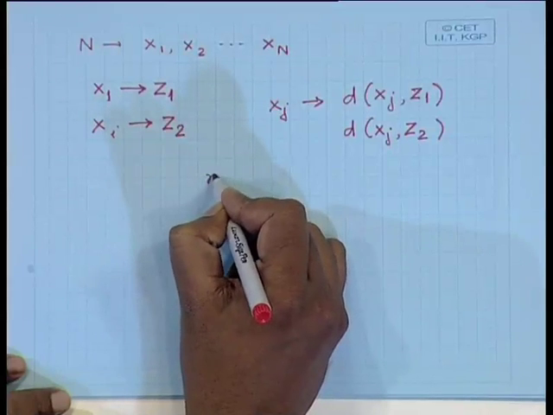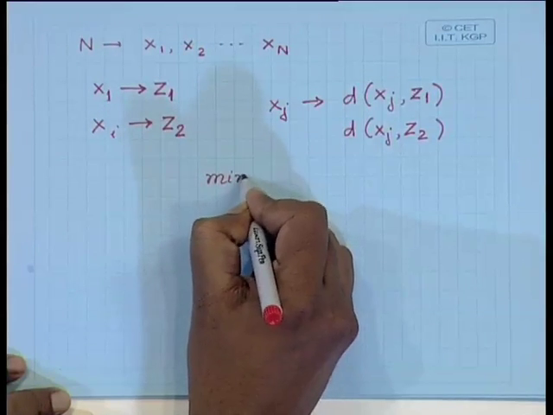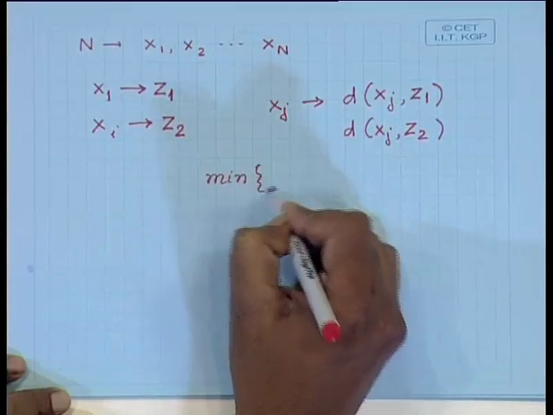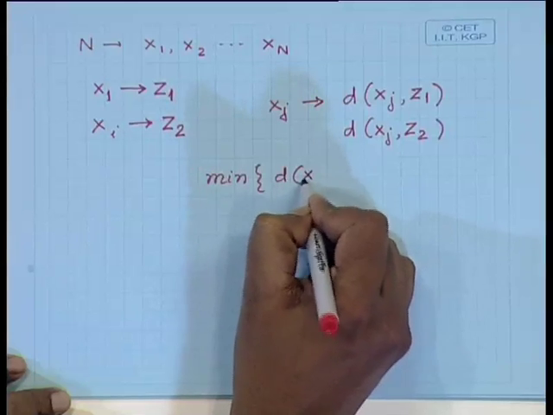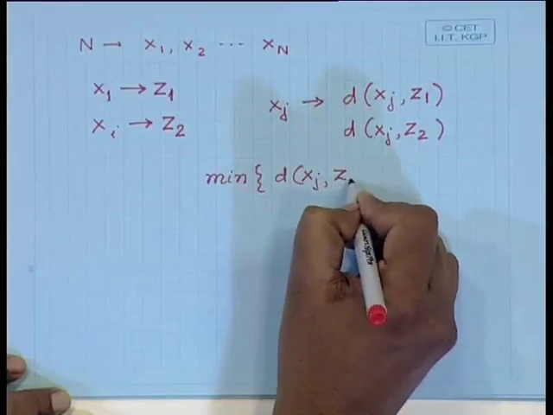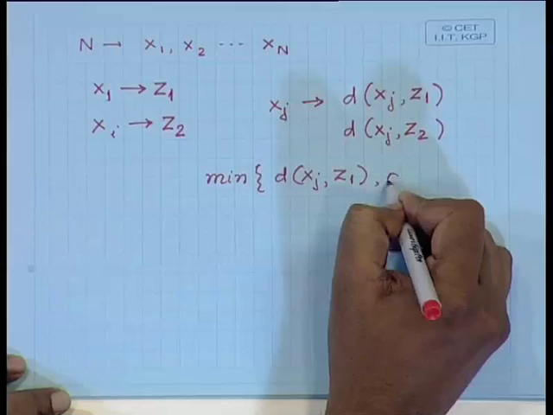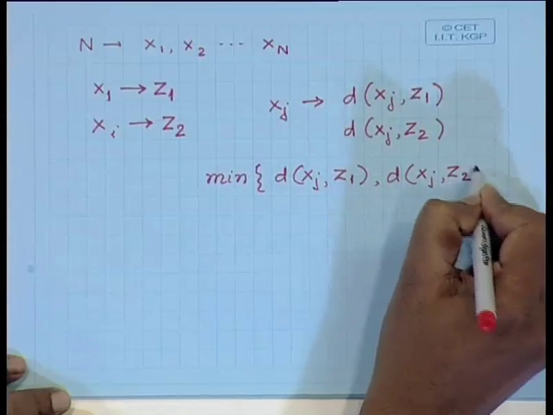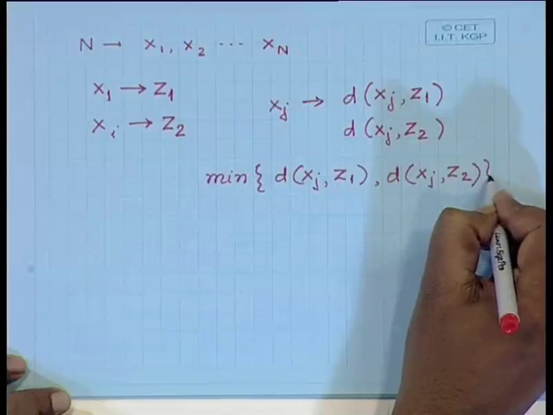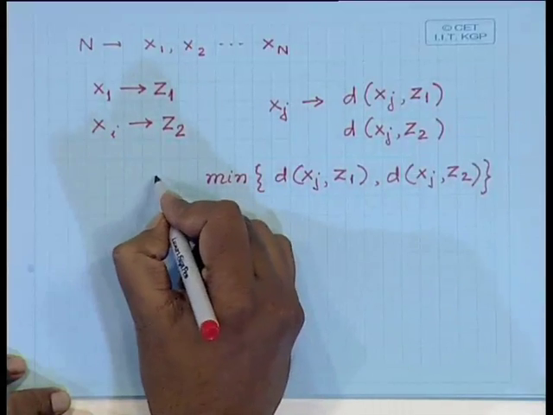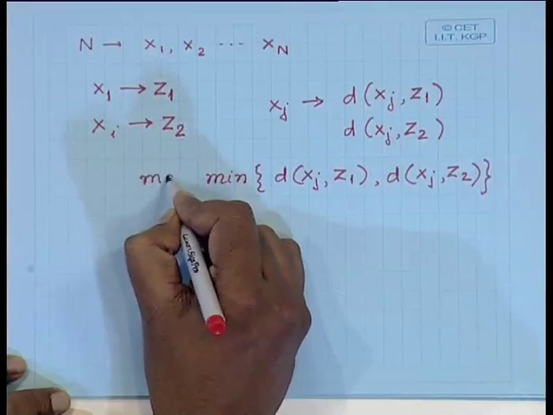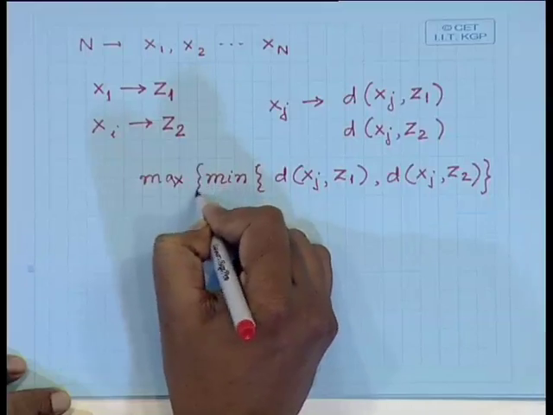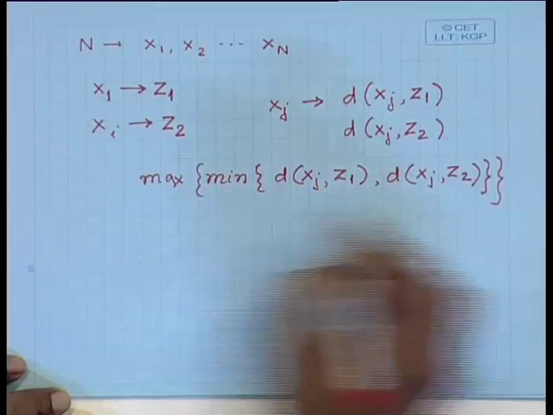So, it is like first I find the minimum of d(x j, z 1) and d(x j, z 2). Then I find the maximum of these distances, where this maximum is over j.